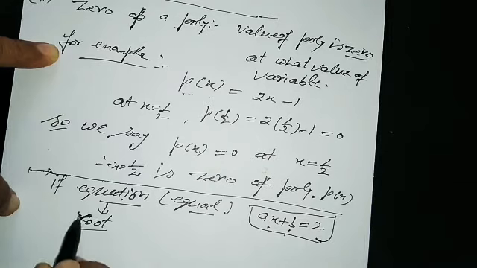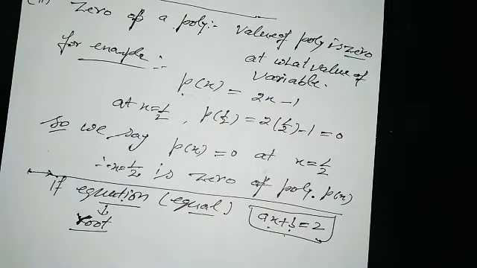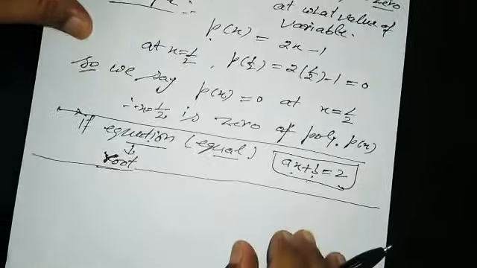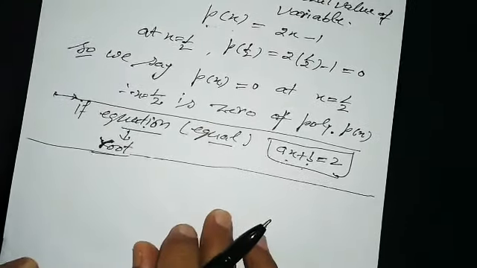Root means a value of variable at which that equation becomes 0. And if you have a polynomial, then a value of the variable at which that polynomial becomes 0 is called zero of the polynomial.